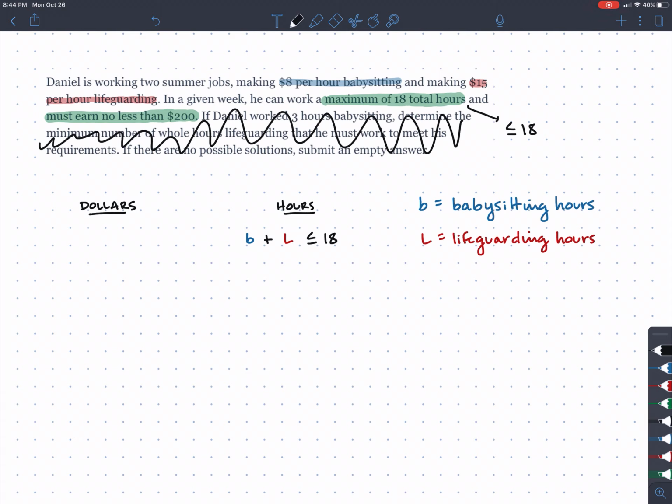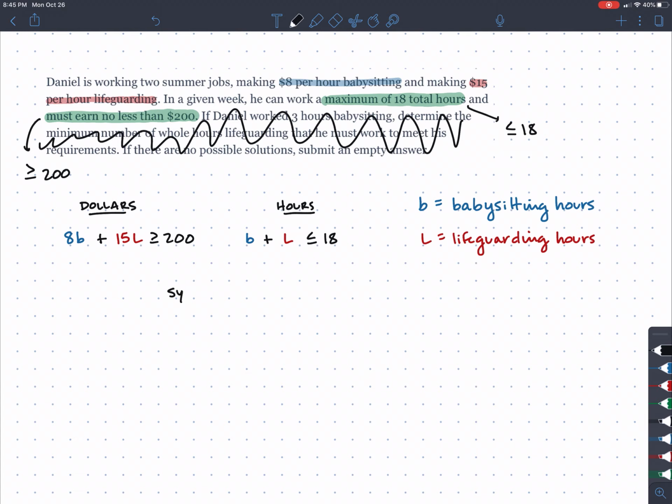Let's talk about how much he makes. If he is making $8 per hour babysitting, then this becomes 8 times B, and we are adding to that 15 times L. If he can earn no less than 200, no less means I want greater than or equal to $200.